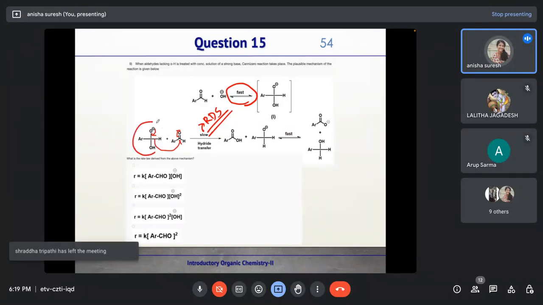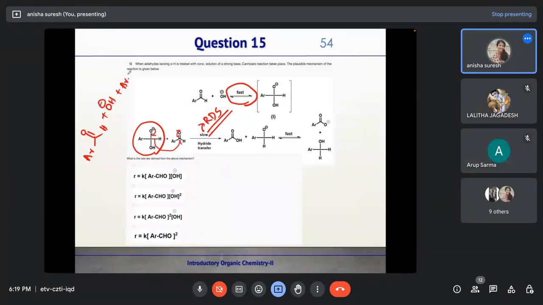So we will consider a sum of these two steps, like ArCHO plus OH minus plus ArCHO. It is giving rise to this slower step, because this intermediate is formed from these two starting materials.